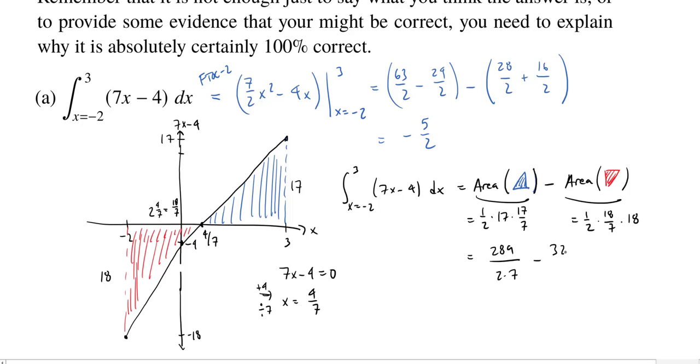So minus 324 over 2 times 7. Let's see, 289 minus 324. Well, it takes 11 to get to 300, and then another 24 gives me 35. So negative 35 over 2 times 7. Yeah, look, that 7 there will cancel with a 7 in the 35. So I'll end up just with negative 5/2.